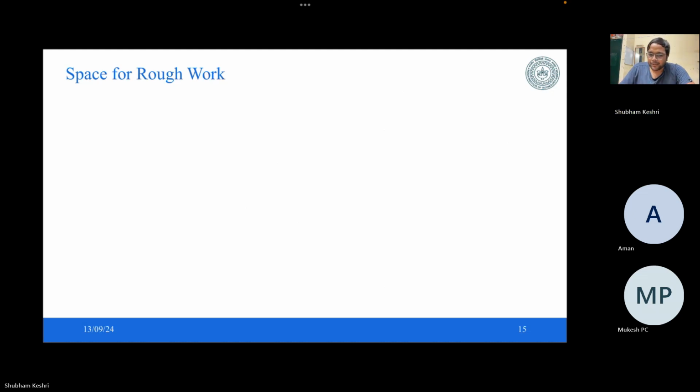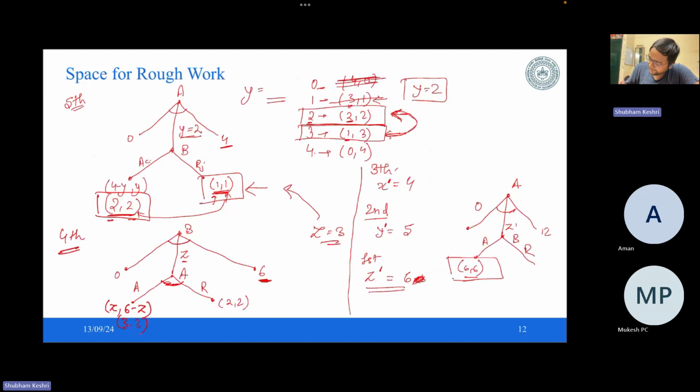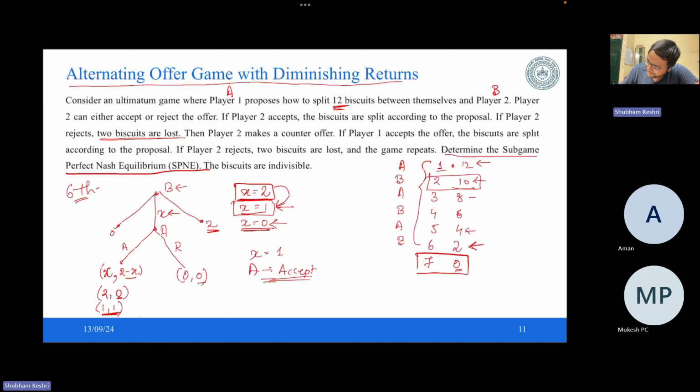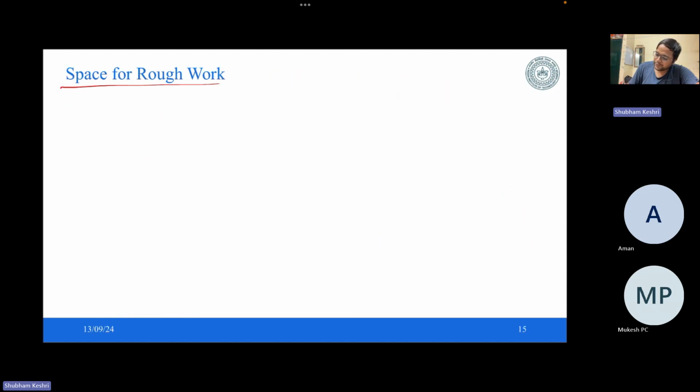Before we move on to solve this problem, you have to make some things clear. When we discussed this game, we were saying that there is stage 1, stage 2, stage 3, stage 4, stage 5, and so on. So we can divide these stages into odd and even. We can have odd stage, even stage, odd stage, even stage, and so on.